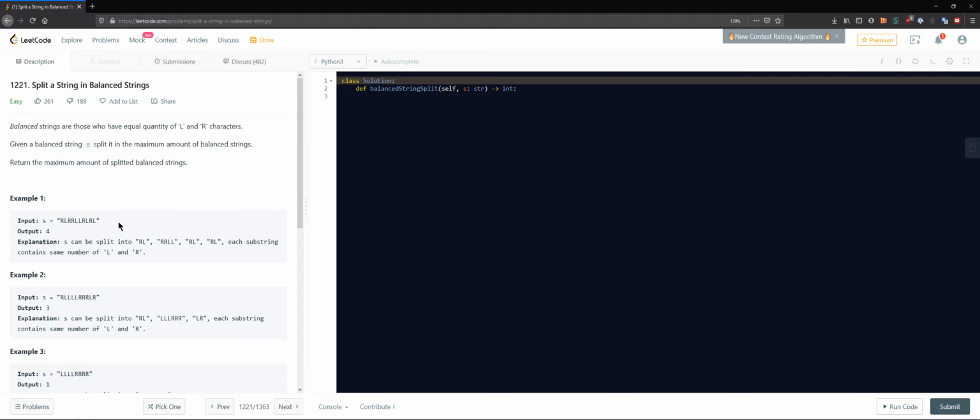For a balanced string, you need basically the same amounts. So if we have an amount of L and R characters, the only way we can build different balanced strings would be, as given in the explanation, to pick one of each, and then the next unique one would be to pick two of each.